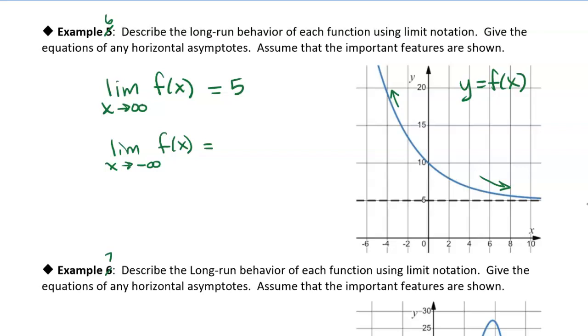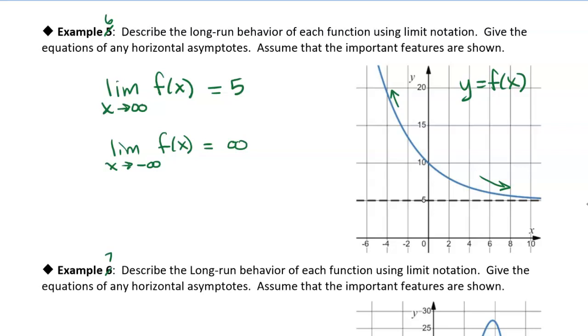So they're more and more negative. It looks like the y value is just getting bigger and bigger too. So we can say that as x approaches negative infinity, the value of the function is approaching infinity, getting bigger and bigger in the positive direction.